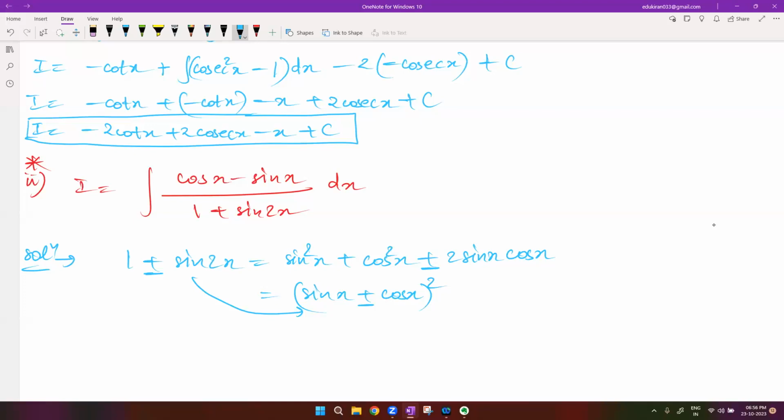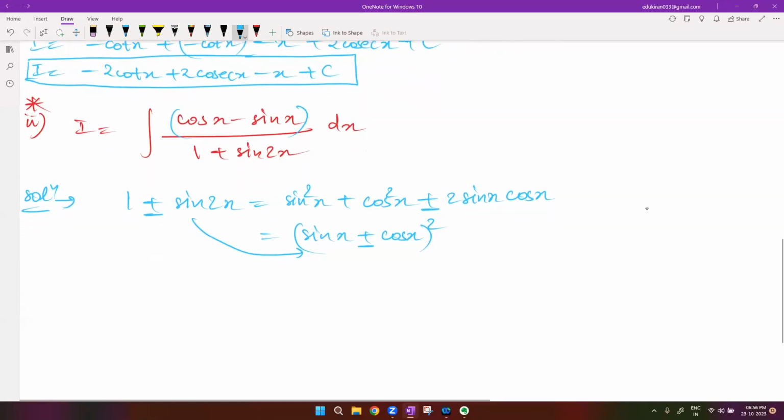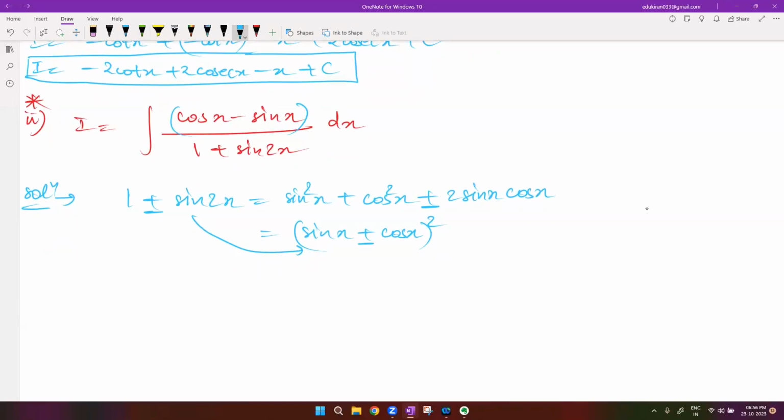Now observe your numerator. The numerator is cos x minus sin x, and 1 plus sin 2x can be written as sin x plus cos x whole square. That gives you your substitution. Now, let's come back to the question.